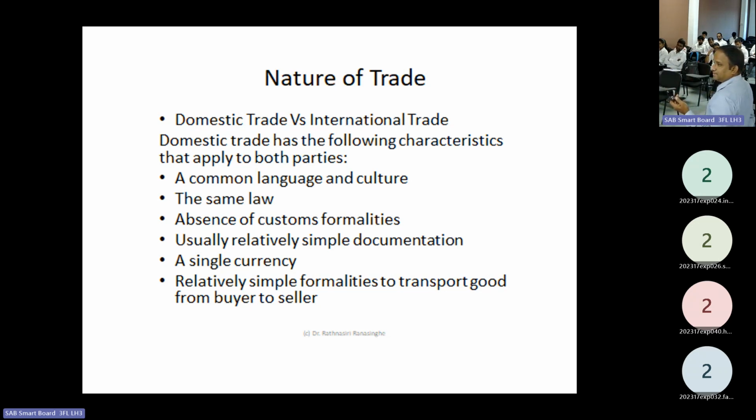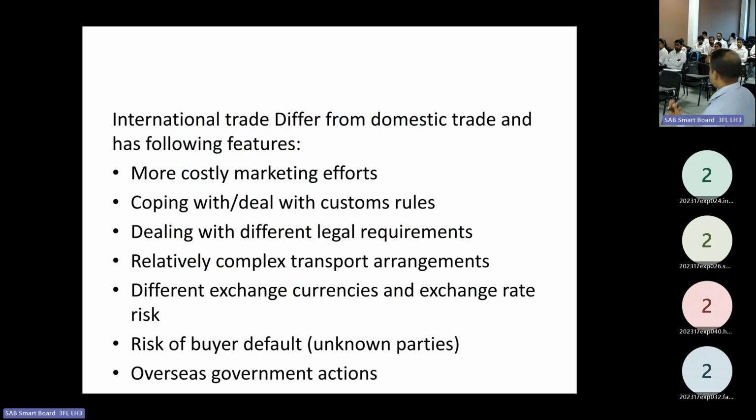So when it comes to foreign trade, what can you highlight? Unlike domestic trade, when you go to the foreign market you need to be very careful. You need to face the challenges there, especially in the international market.